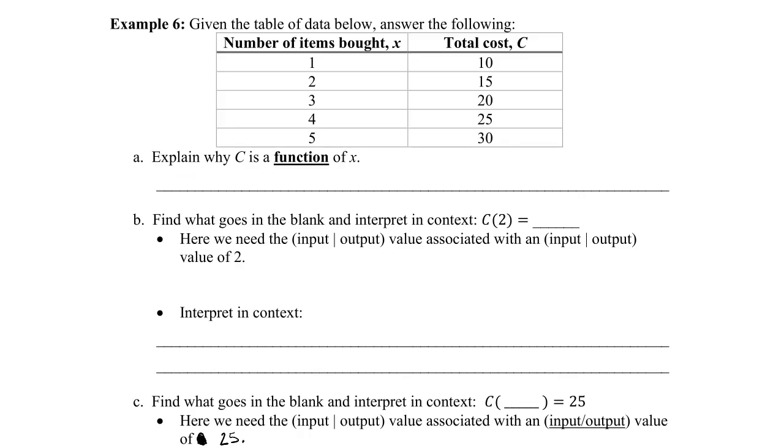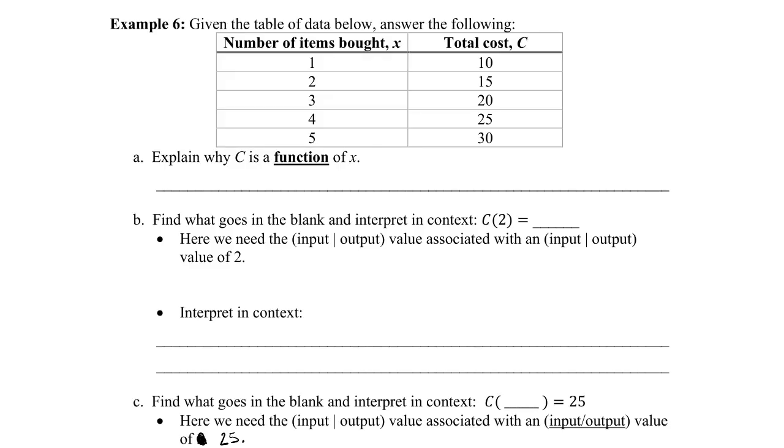So this table shows us the input is the number of items we buy, and the output is the total cost c. So we're buying some item in volume. We're buying 1, 2, 3, 4, or 5 of some particular item.